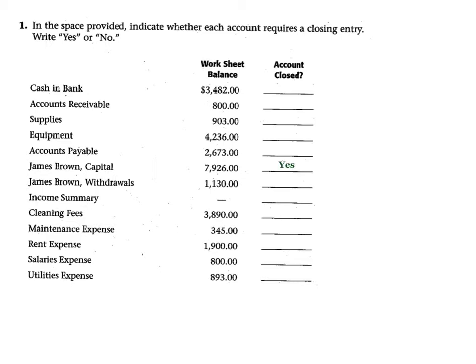But capital is a permanent account, but because all of our temporary accounts are going to be closed and consolidated into capital, the capital account does require a closing entry. And then you'll see all the rest: the withdrawals, income summary, cleaning fees, and all of our expense accounts. They are all temporary accounts, therefore they do require a closing entry, and they are closed at the end of the accounting period.